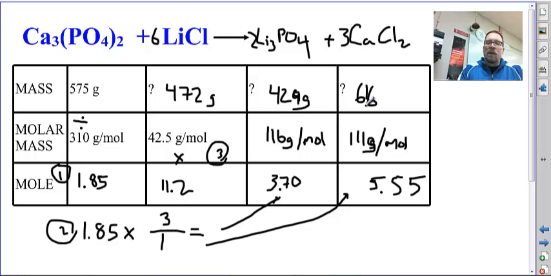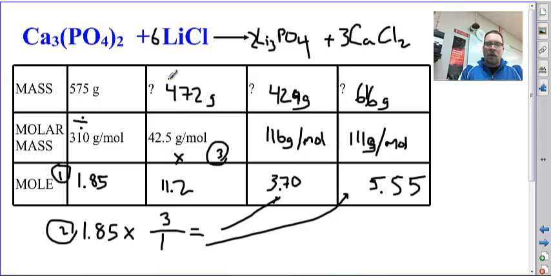So what you can see we've done, sorry about my writing, is we just started with one quantity in a balanced chemical equation. We found out how many moles we had. It wasn't the exact number here, but we could use the equation to do ratio math and figure it out. In this 6-to-1 ratio, 1.85 is the same as 11.2 because it's 6 times more.